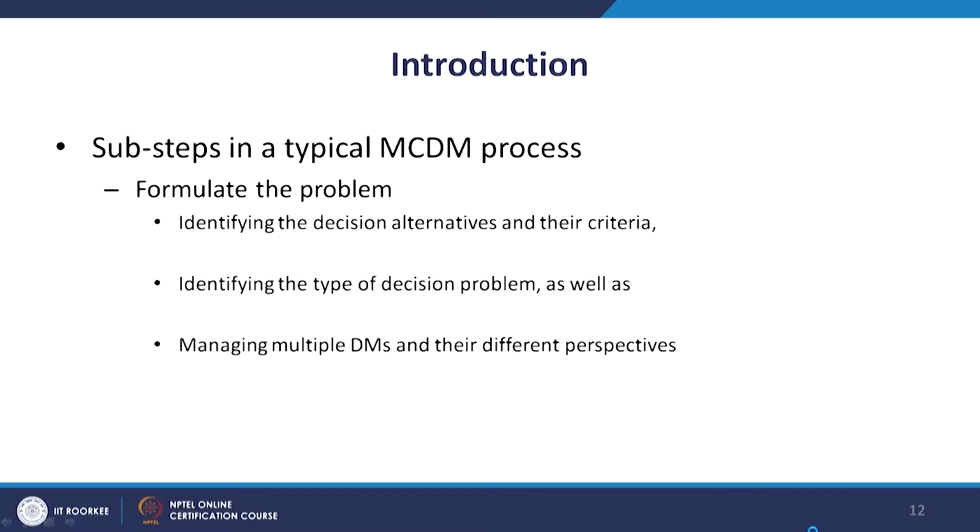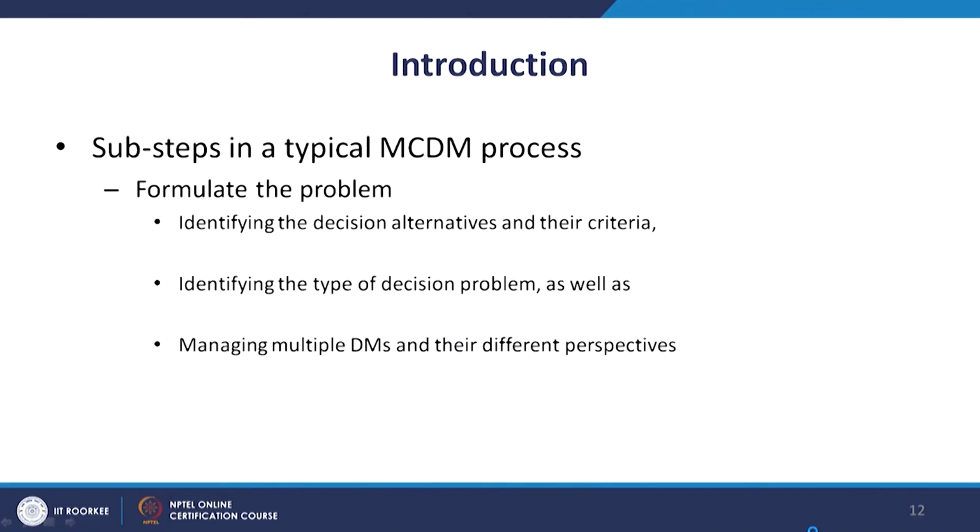Then the next sub step could be identifying the type of decision problem. The school committee problem that we talked about was a ranking problem. In another scenario it would be a choice problem, sorting problem or description problem. We need to understand the type of problem, because that is going to influence the later steps of decision making in this MCDM process.